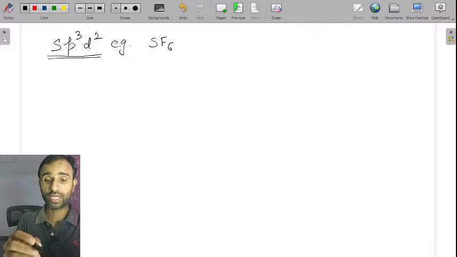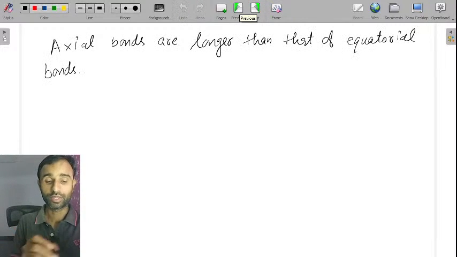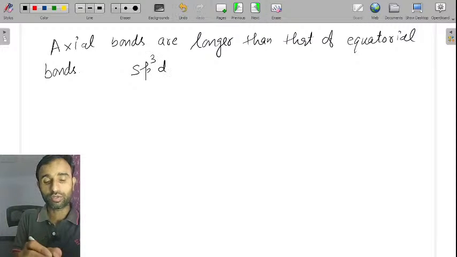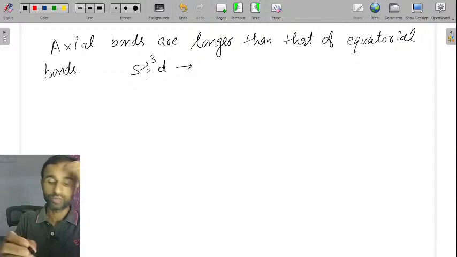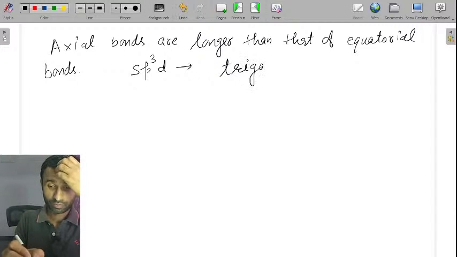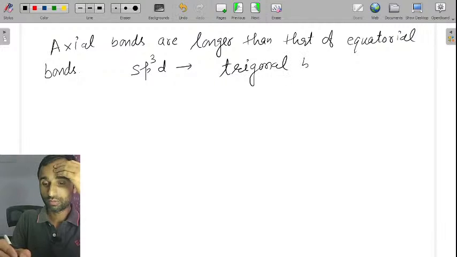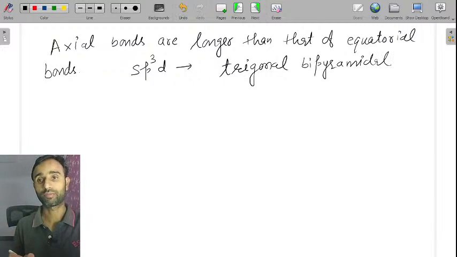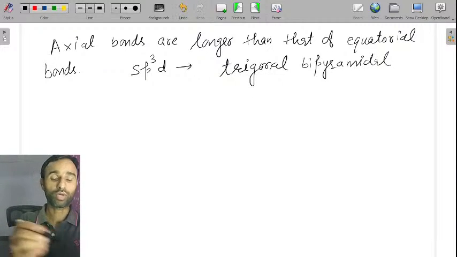And what is the shape of this molecule? You have already done sp3d, the shape is trigonal bipyramidal. Yes, you are right, Ralam.